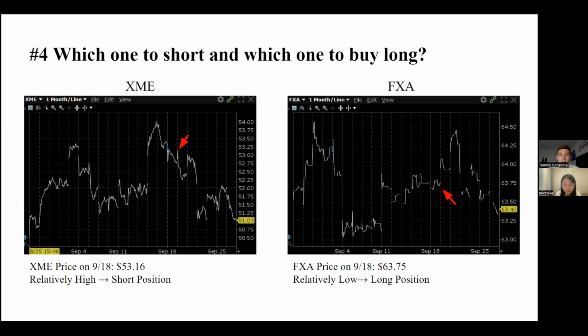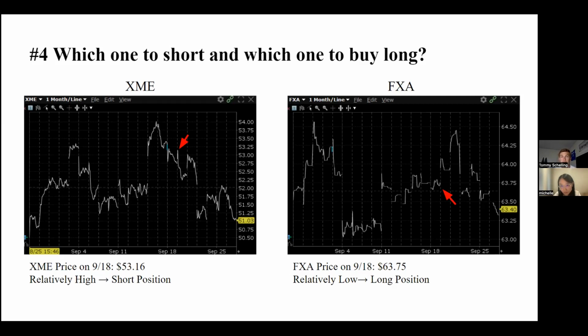So, for which one to short and which one to buy long, we ended up going long on FXA and short on XME. This was mainly a strategy of just buy low, sell high. We were kind of looking for the ETF that was low in value relative to its past monthly performance, or high in value and expecting it to come down, so either way.